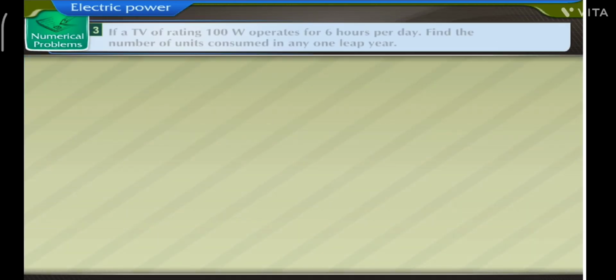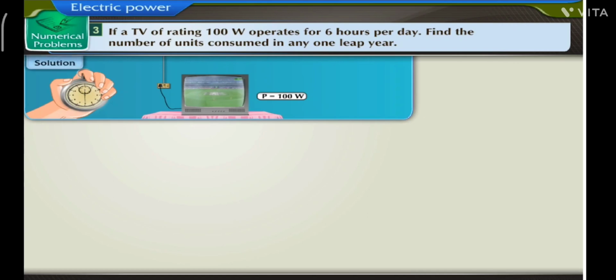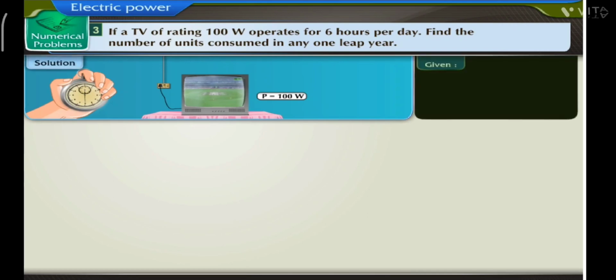3. If a TV of rating 100 watt operates for 6 hours per day, find the number of units consumed in any one leap year. Solution. Let us first write the given data. Given power rating of the TV, P is equal to 100 watt. Time interval of daily operation, 6 hours. Number of days in a leap year is equal to 366 days.